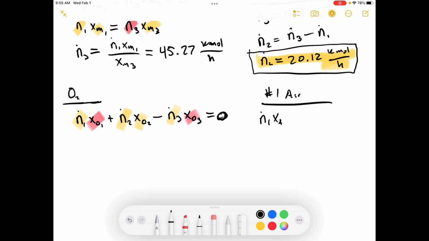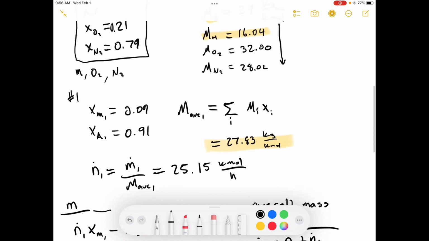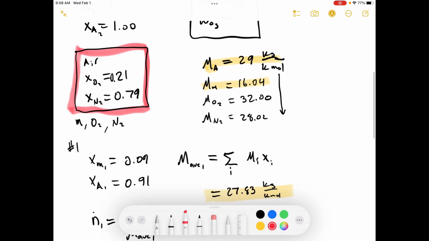So that means that we now have a molar flow rate of air in stream 1. Okay, if we know how much air is going in stream 1, then we can further break that up using our air information here. Okay, so let's figure out how much oxygen and nitrogen are in there.